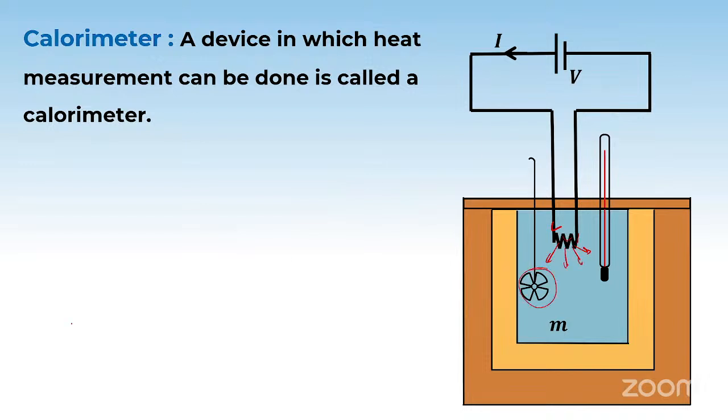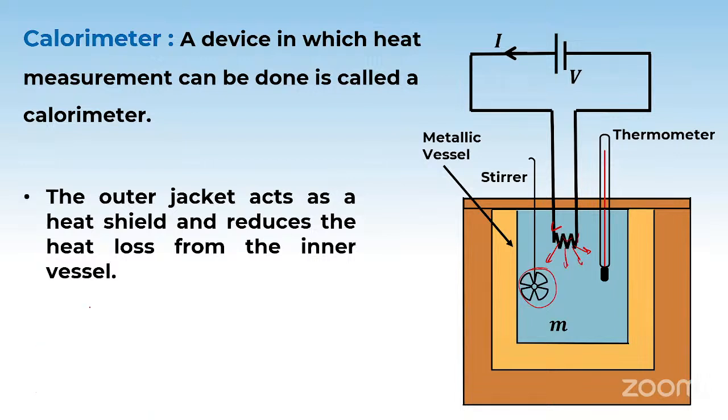This is the stirrer to mix the heat well, and there is a thermometer also. Okay. Whenever the heat is released, this stirrer moves so that the heat given by this resistor will be distributed equally among the liquid, and then we will measure the change in temperature of the liquid. Okay.